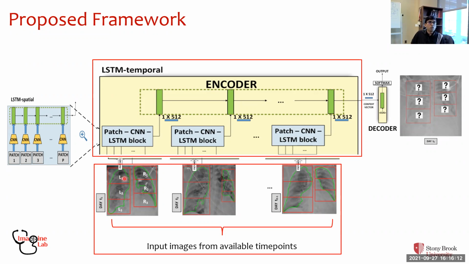For this, we designed a CNN LSTM based network. We had both a spatial module and a temporal module, which would not just learn spatial information of the disease infiltrates, but also remember what happens on day 1, using a memory unit, take it forward to day 2, and so on and so forth.